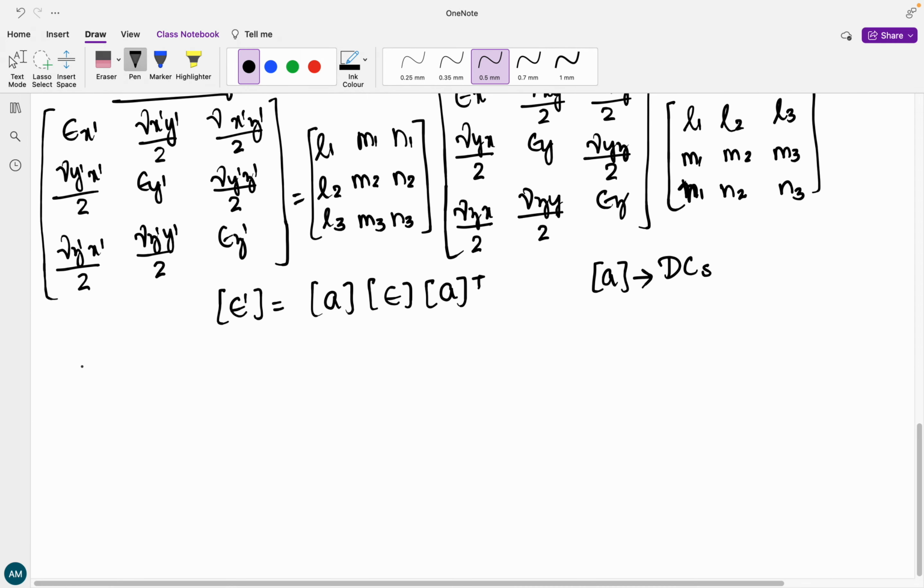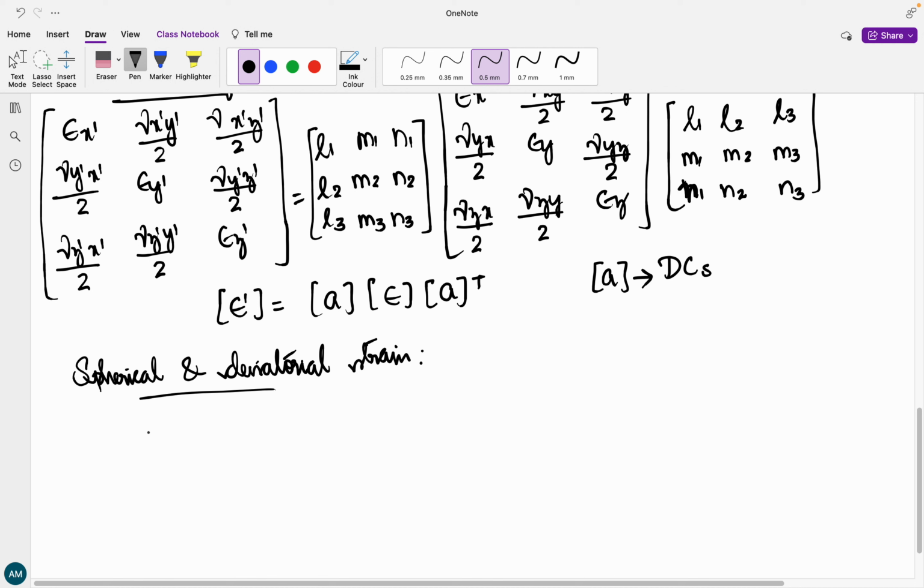Next, spherical and deviatorial strain. Okay, so the strain tensor can be divided into two parts, that is spherical strain and deviatorial strain.